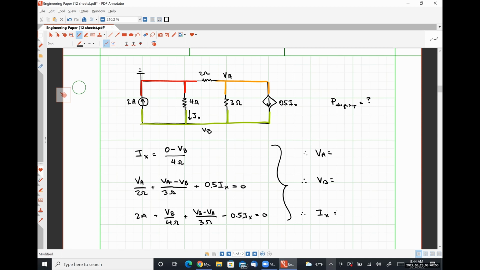On my next one, I'm going to have negative 1/3, 1/4 plus 1/3, negative 1/2 is equal to negative 2. And on my last equation, I have 0 VA plus 1/4 VB plus 1 IX. One-fourth, and just 1. Solve.